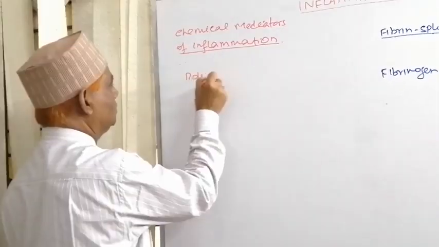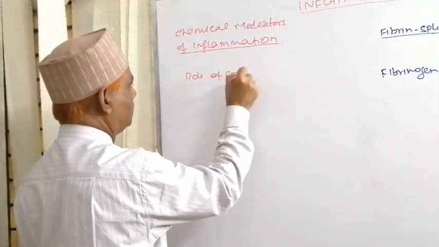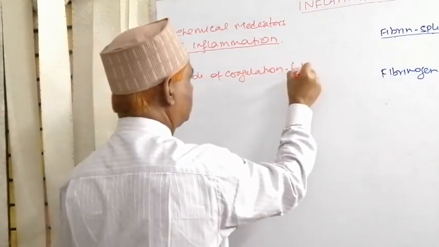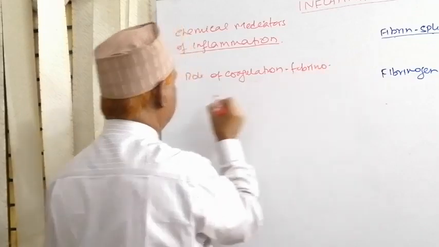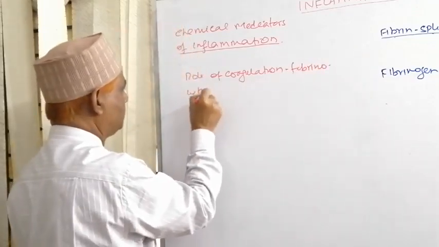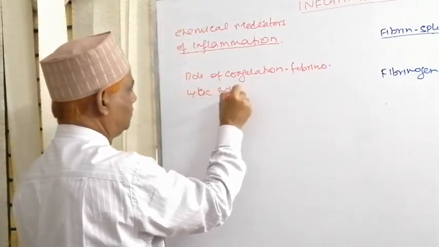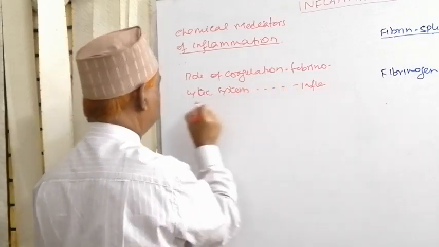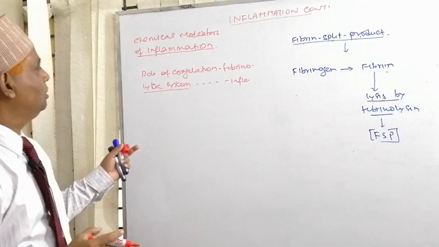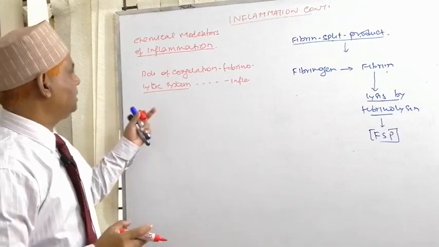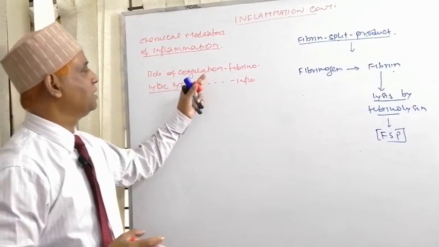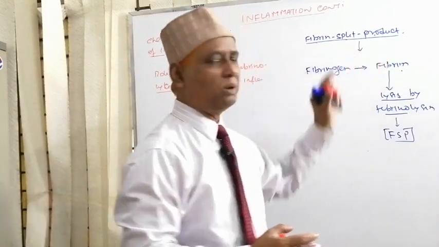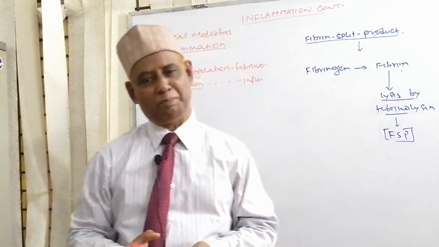Now come to role of coagulation fibrinolytic system in inflammation. Audience, you know, during activation of coagulation system, there is formation of fibrin split product and also formation of fibrinopeptide.